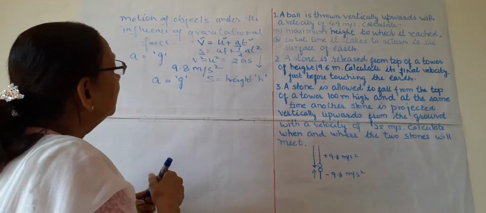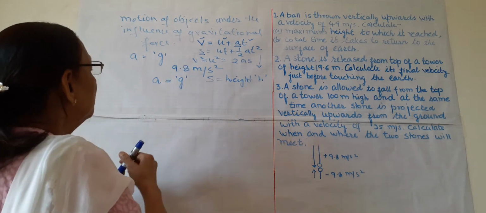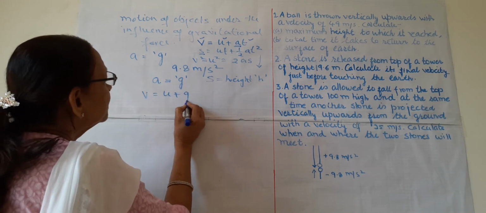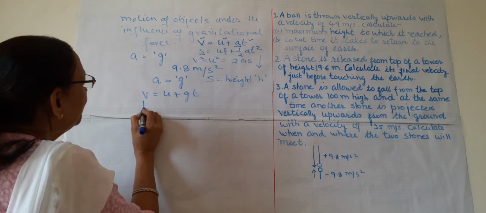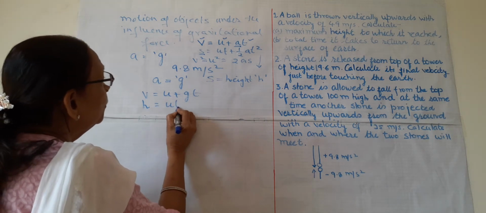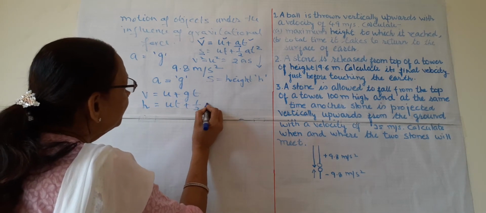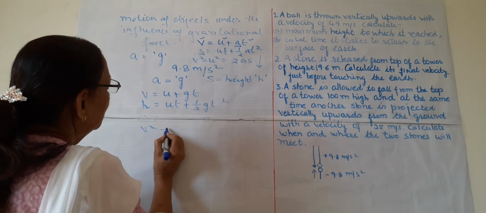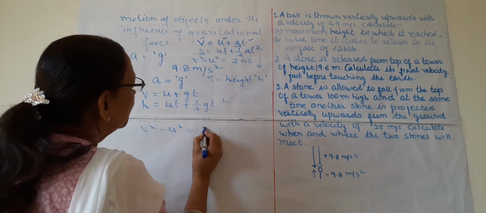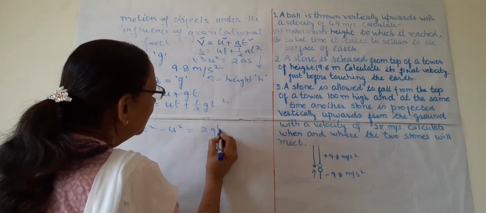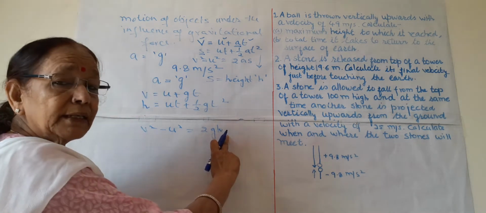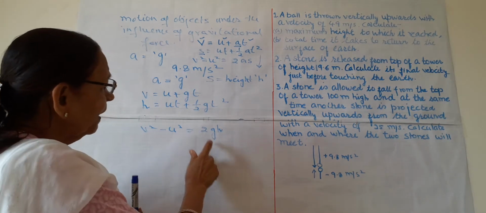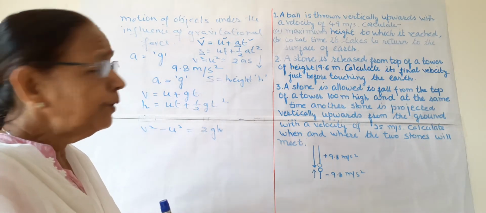So I am writing these changed equations for this purpose. v is equal to u plus gt. The second will be h equal to ut plus half gt square, and the third will be v square minus u square is equal to 2gh, where h is the distance or the height, and g is acceleration due to gravity.